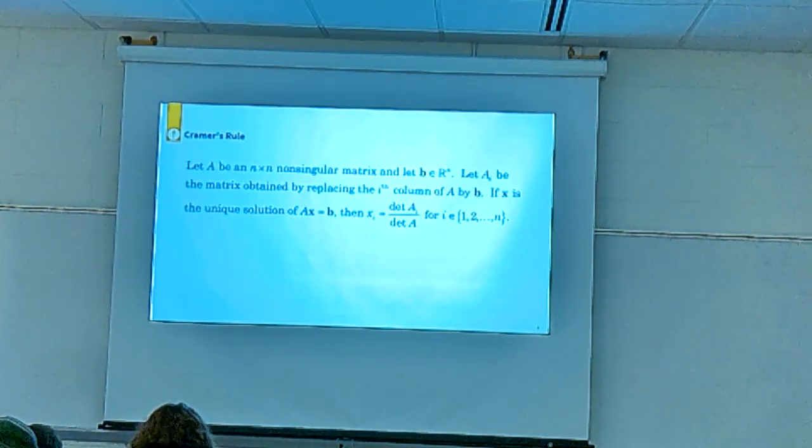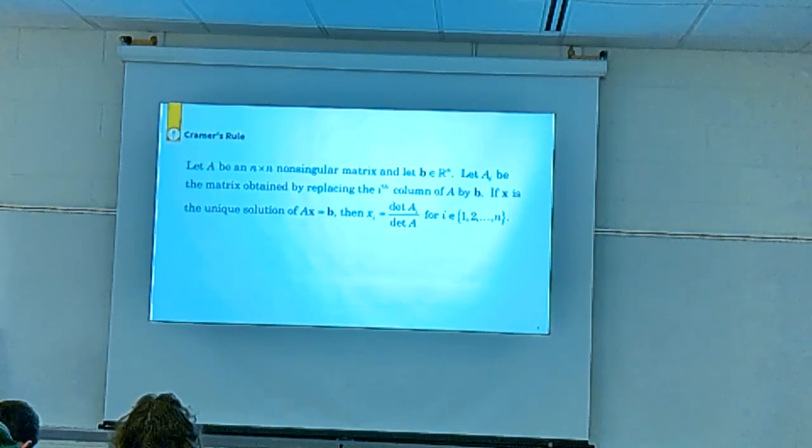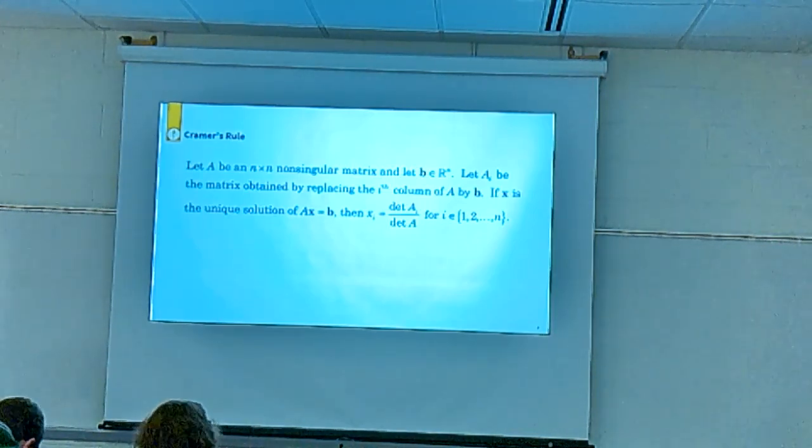Let A sub i be the matrix obtained by replacing the ith column of A by B. If X is the unique solution of AX equals B, then X sub i is the determinant of A sub i over the determinant of A. And obviously, i is your index, and it'll go from 1 to n.